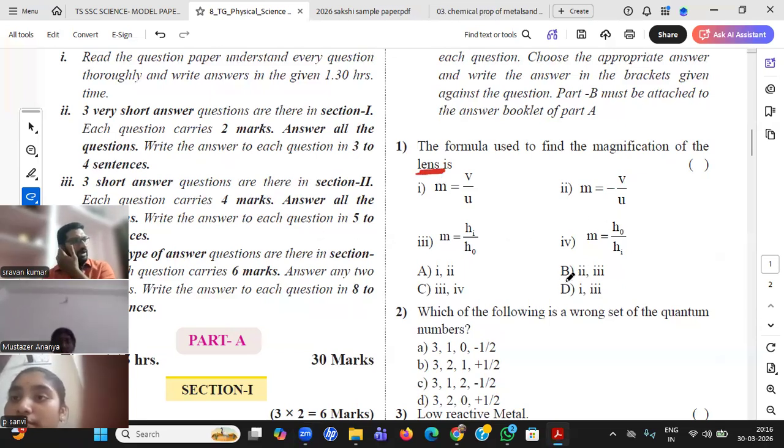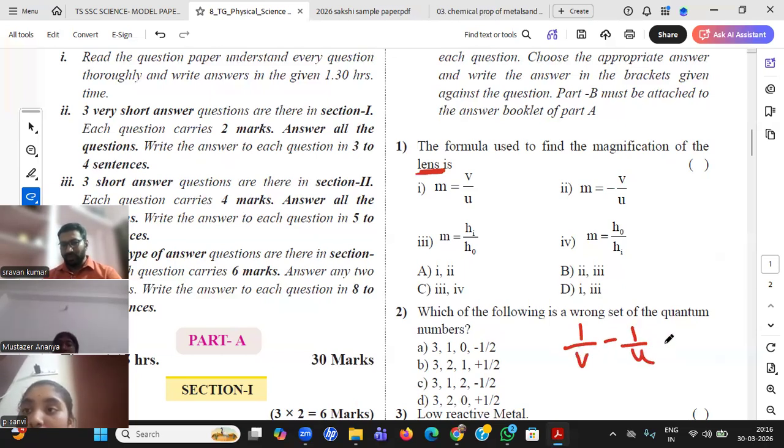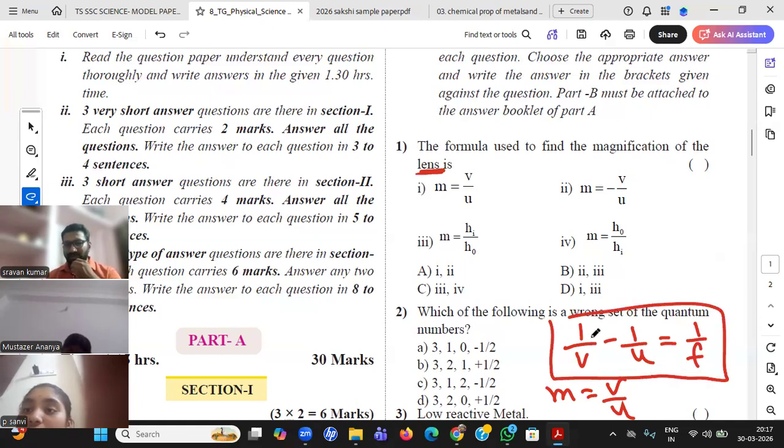So in lens, what is the formula for focus? 1 by V minus 1 by U equal to 1 by F. Is this for mirror or lens? This is for lens. But what is the magnification? Magnification equal to V by U for lens. So these two formulas are for lens, beta.